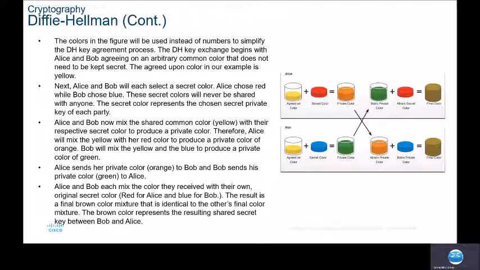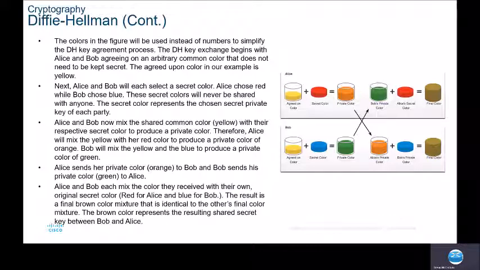Alice will now mix the shared common color, yellow, with their respective secret color to produce a private color. Therefore, Alice will mix the yellow with her red to produce a private color of orange. Bob will mix the yellow and the blue to make a private color of green. Alice sends her private color, orange, to Bob, and Bob sends his private color, green, to Alice.